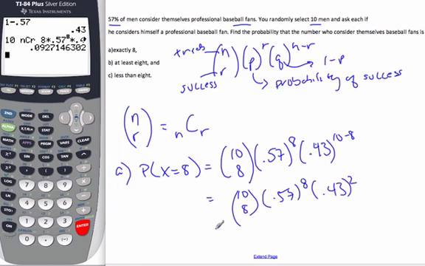And so the probability of getting exactly 8 professional baseball fans is this probability. Okay, that's exactly 8.